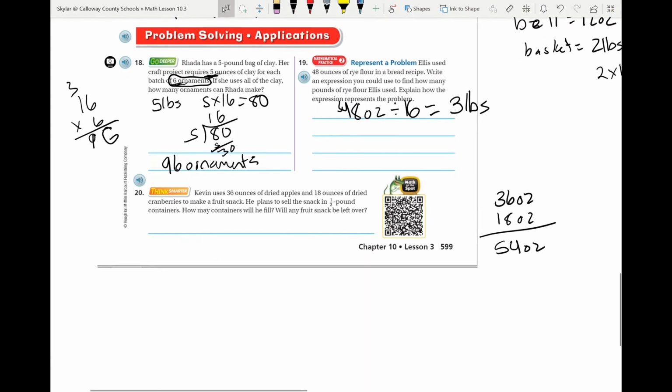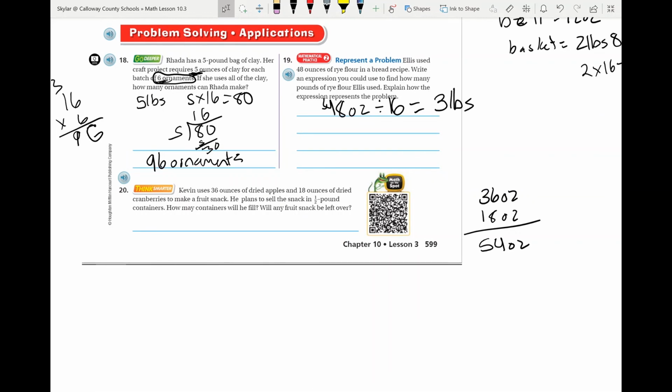And finally, number 20. So we've got 54 ounces. But how can we find out how many 1/2 pound containers that will be? Well, we know there's 16 ounces in a pound. So if we just divide that in half, you get 8. So that means 1/2 of a pound is 8 ounces.